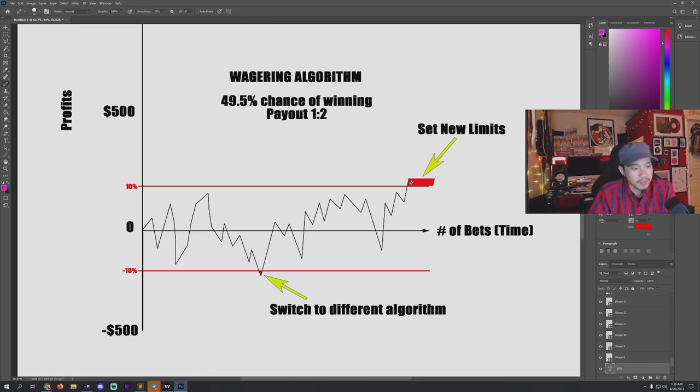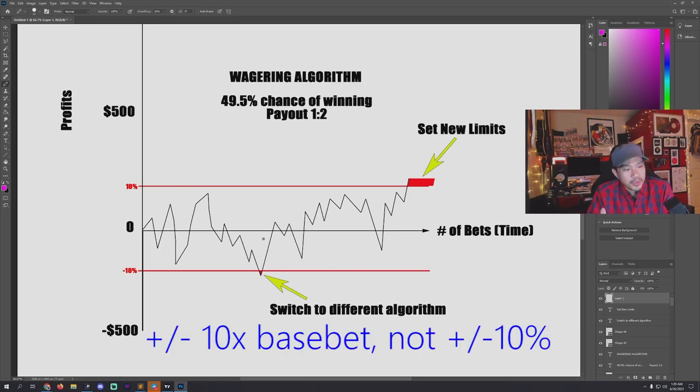If it goes above 10% of the base bet, which means if you're betting 100 and it goes up to 110, what I came up with was, I don't want this to just wager.